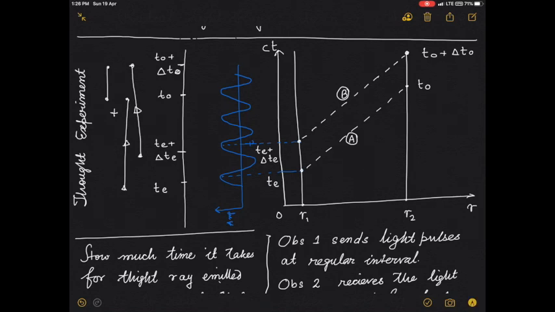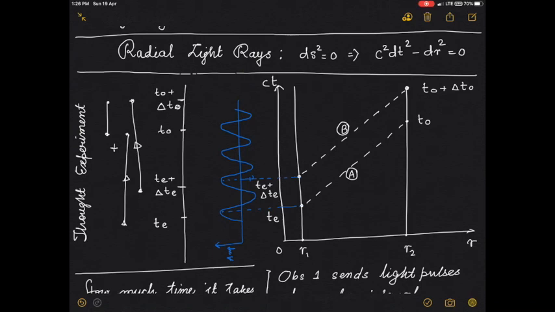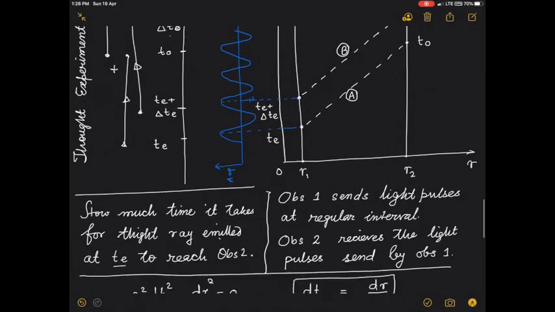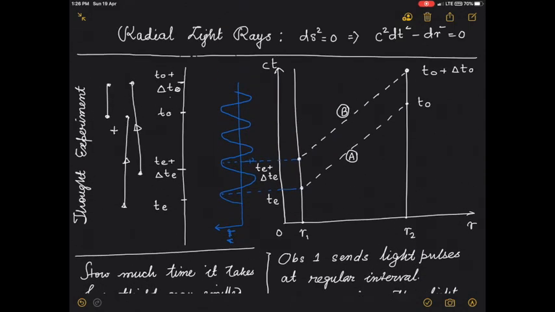So let me write the first one first. The first one I will write from T emitted to T observed, dt. Plus, what should I add? I can add T observed to T observed plus delta T observed, and dt obviously.